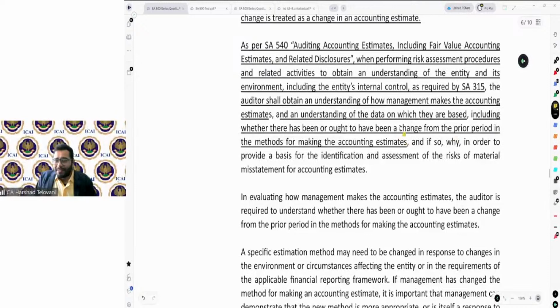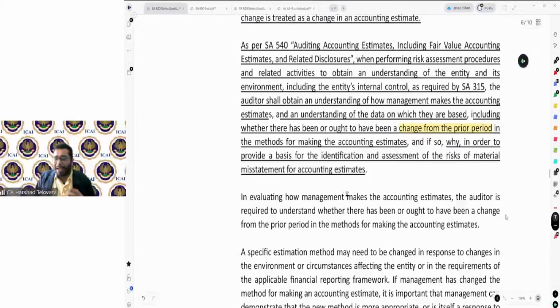So I need to understand whether there is a change in the method from the prior period. If there is a change, then why? Whether it is in order to provide a basis for identification and assessment of risk of material misstatement for accounting estimate. So I need to understand why there is a change compared to the previous year.